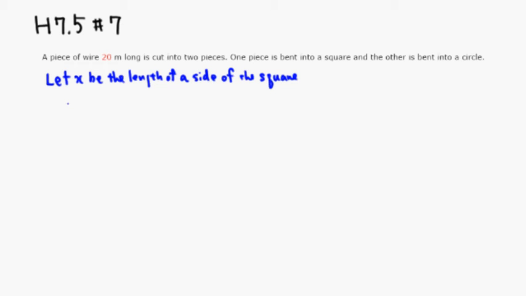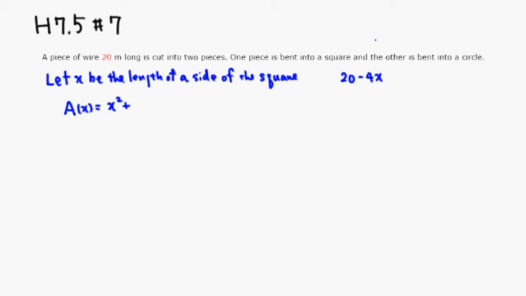So the total area A is going to be written in terms of x. So it's x squared. Then the rest of it, since the square requires four sides, is 20 minus 4x meters left for the circle.